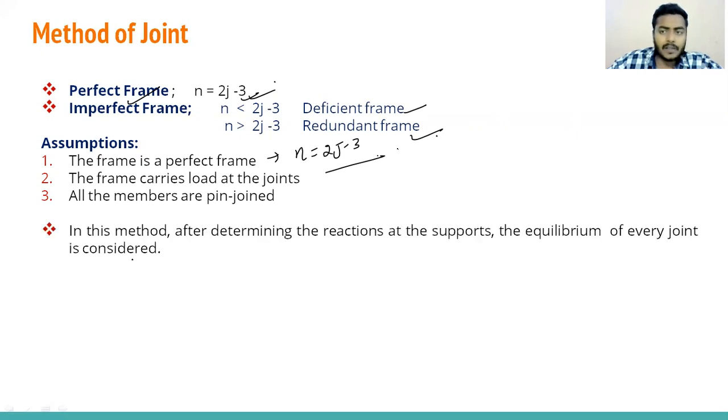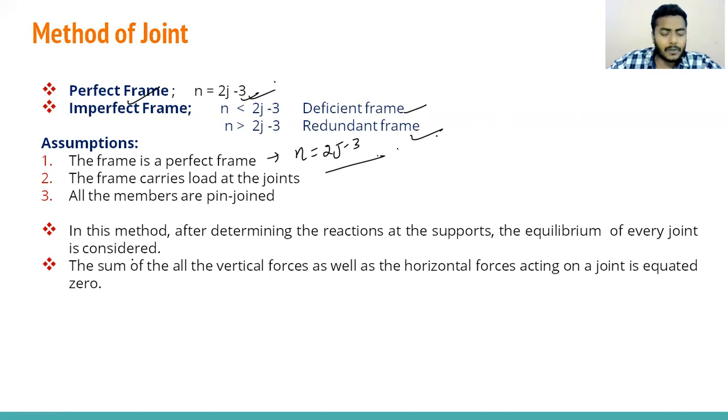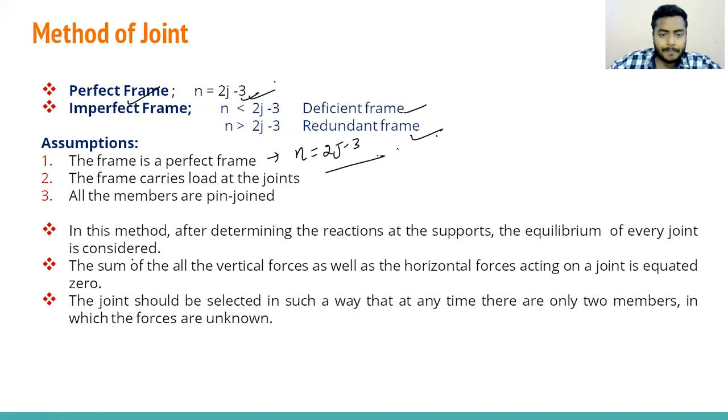So in this method, how can we calculate? We will apply the equilibrium conditions for the joints and then calculate the unknown forces. But you have to make sure that at a joint, a maximum of 2 unknown forces should be there. If there are 3 unknown forces, then we cannot calculate them.